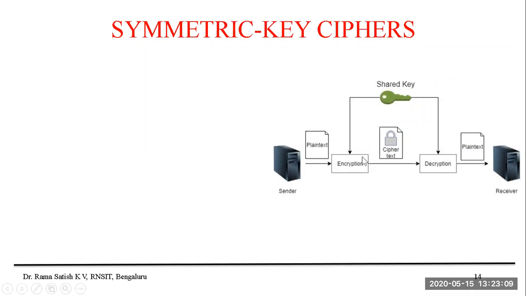The same key is shared with the receiver also, and the receiver uses the same key to decrypt it, and you will get the plain text. So for encryption the same key, for decryption also the same key, to get the plain text. In between, across the network, it will transmit as a ciphertext.